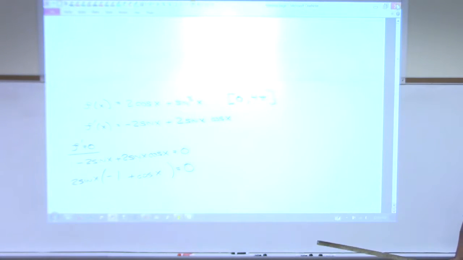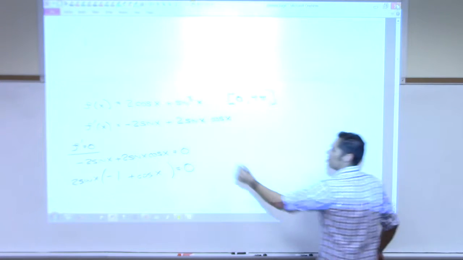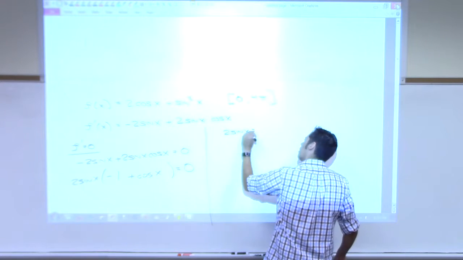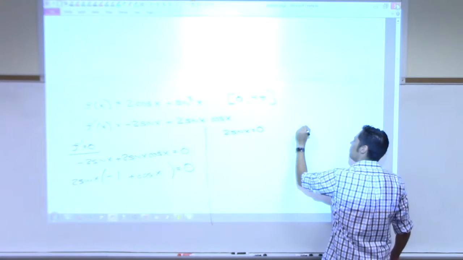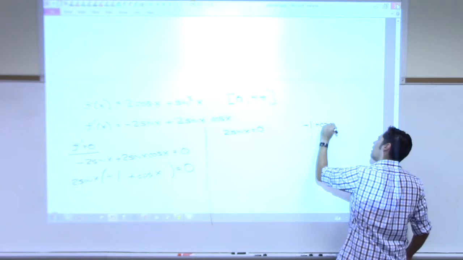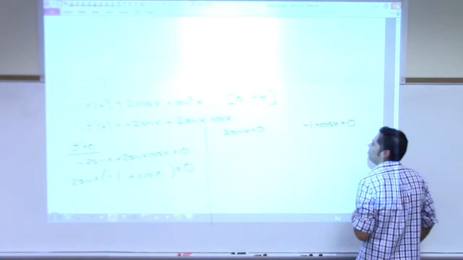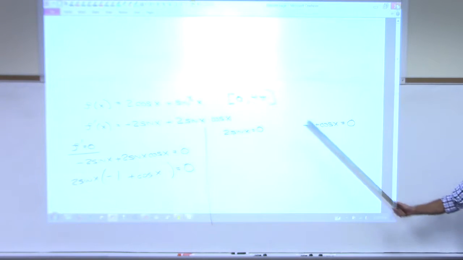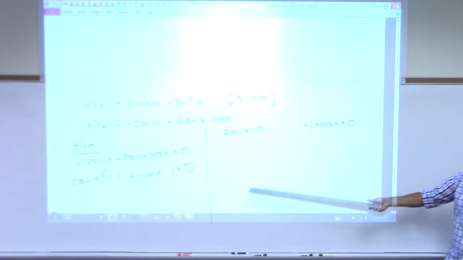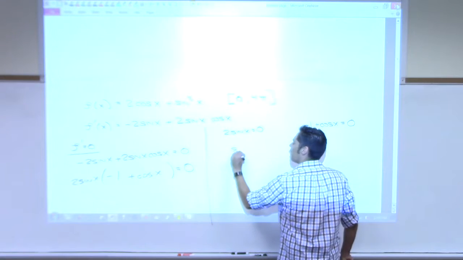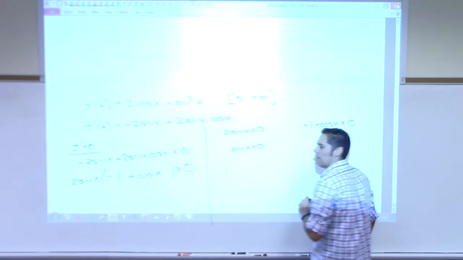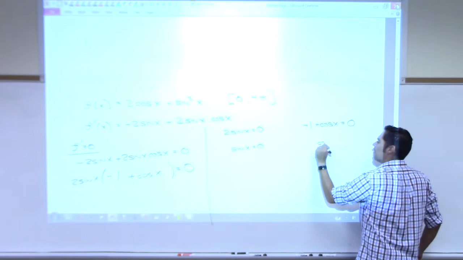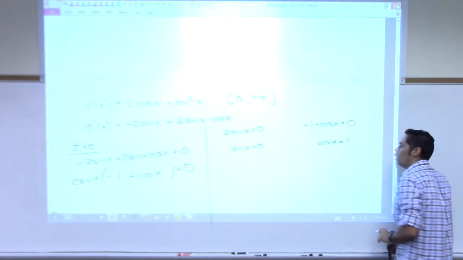Set each of them equal to 0. So I have over here 2 sine x is 0, and the other one is negative 1 plus cosine x equals 0. Two different equations I have to solve. The first one I can just divide by 2, and this is just saying sine x is 0. And this one over here, I can just move the negative 1 to the other side, and this is saying cosine of x is 1.